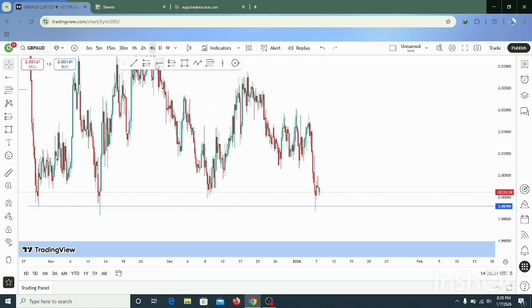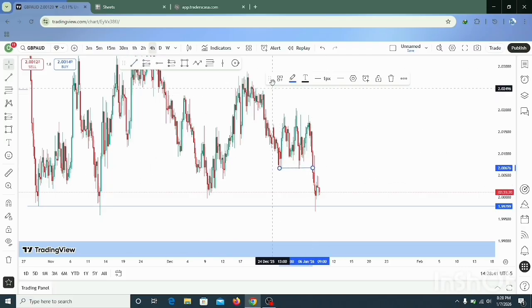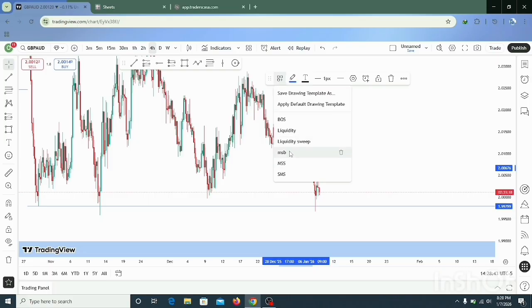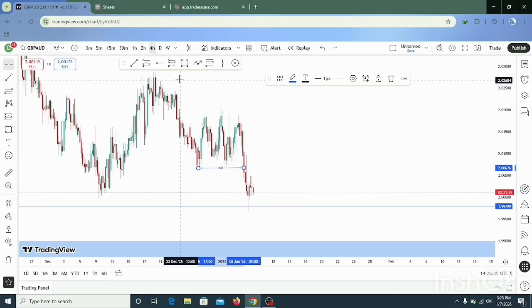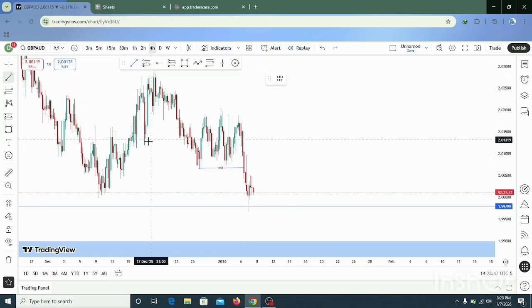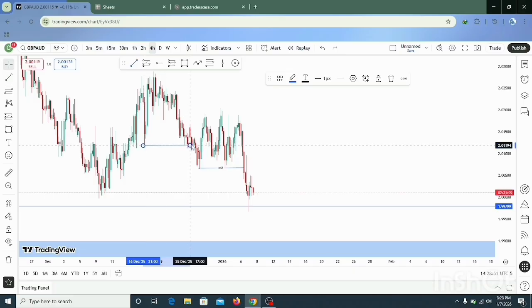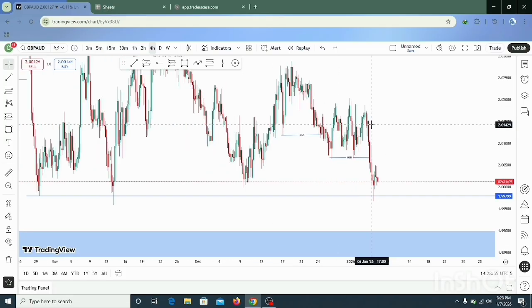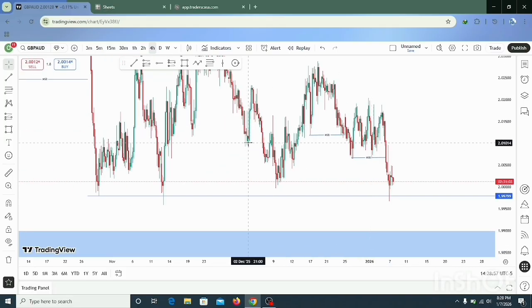You can see this market structure break over here on the 4-hour. You can see another market structure break over here. A clear market structure break over here.